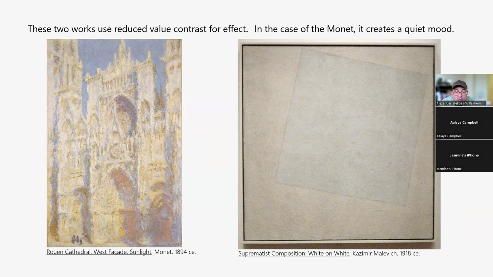Okay. Whereas Malevich is using an even narrower contrastive value, where essentially he just has one white color, which is a little bit cooler, and another white color that is just slightly darker and also warmer, right?